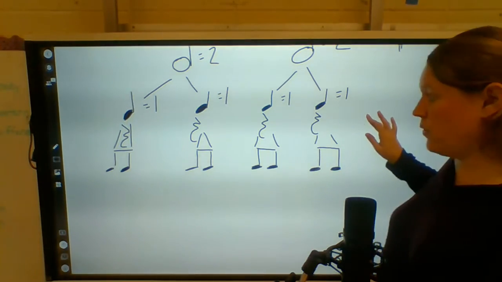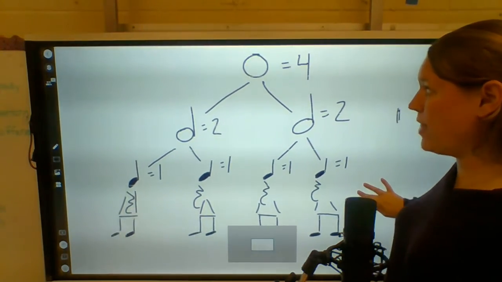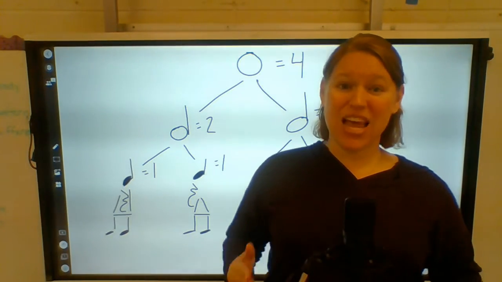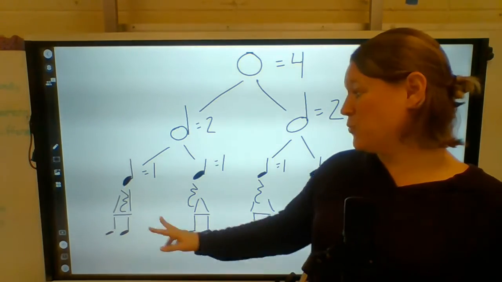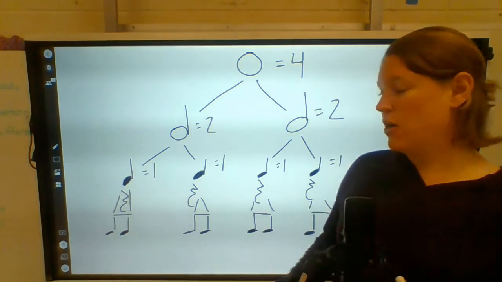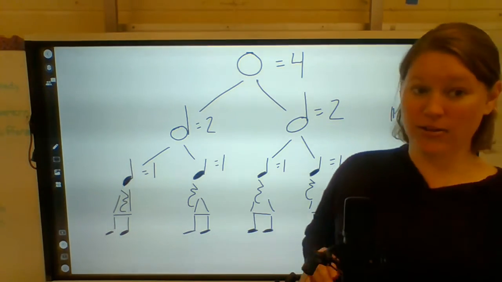All right, so one little eighth note right by itself actually gets a half of a beat, but we don't really think of it that way right now because we're just putting two together. That's why I've got 2 eighth notes and they go up to the quarter note. So here's our note tree.